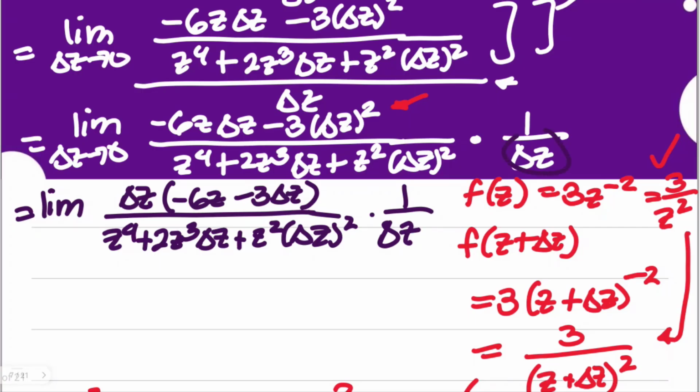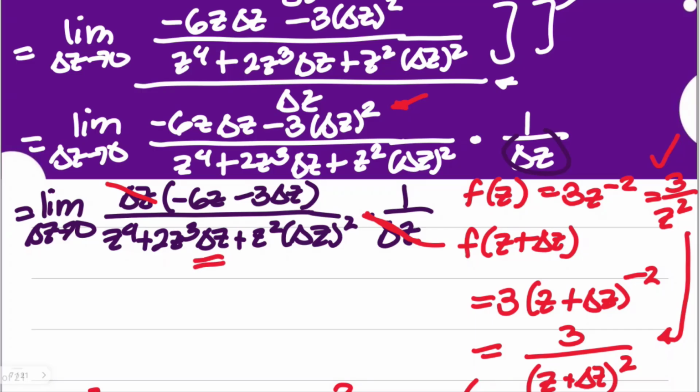And this time, we can now cancel that delta z. And we are now guaranteed that our limit will exist. The denominator will no longer be 0, unlike this one here, as you substitute z approaching 0. It's 0, so it's undefined. But this time, since we cancel this factor out, it's no longer 0.